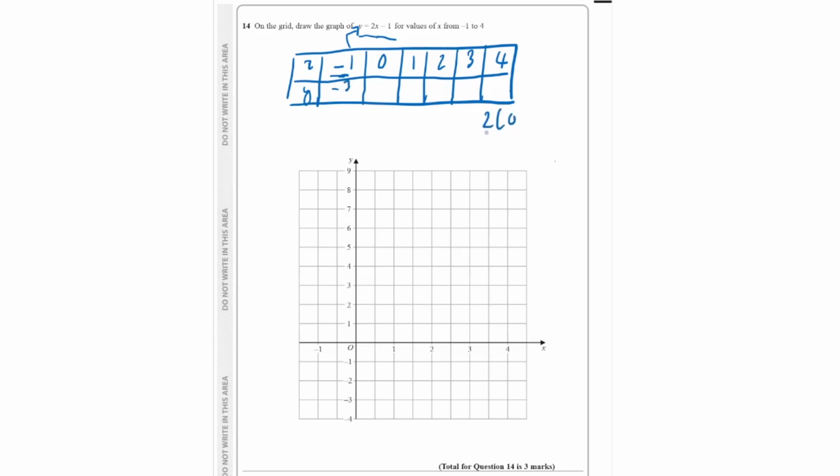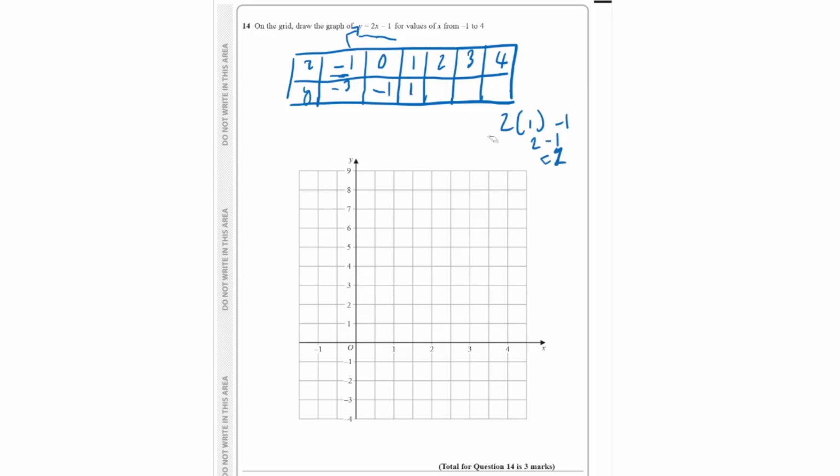2 times 0 minus 1. Anything multiplied by 0 is just 0. So 0 minus 1 is minus 1. Okay. 2 times 1 minus 1 is 2 minus 1, which is 1.